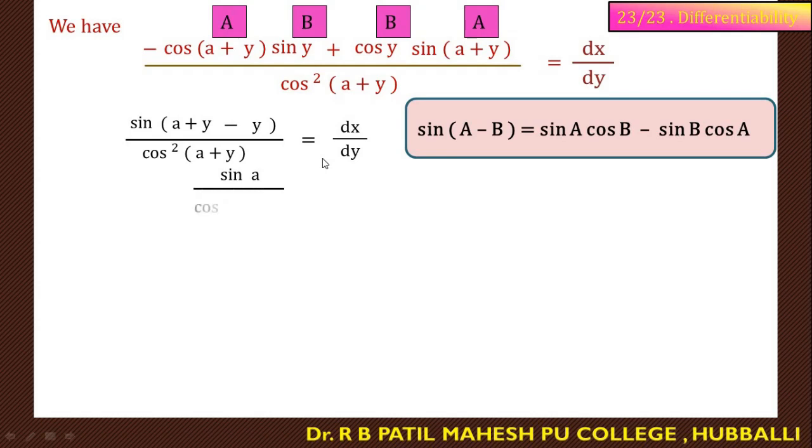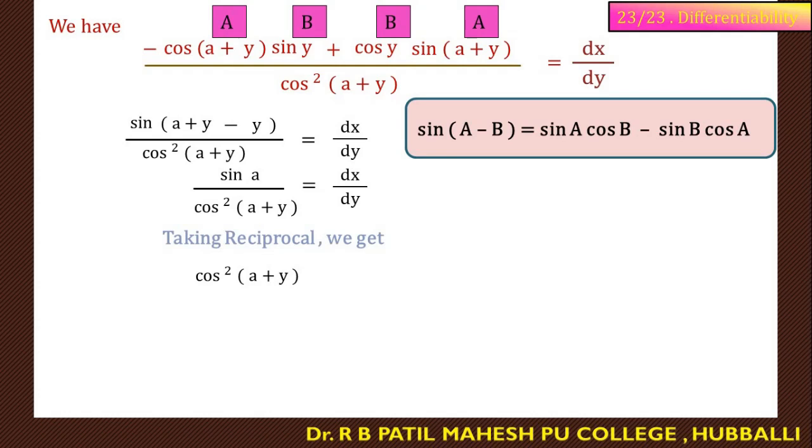Sin a divided by cos square of a plus y is equal to dx upon dy. Now taking the reciprocal, we get the dy upon dx function: cos square of a plus y divided by sin a is equal to dy upon dx.